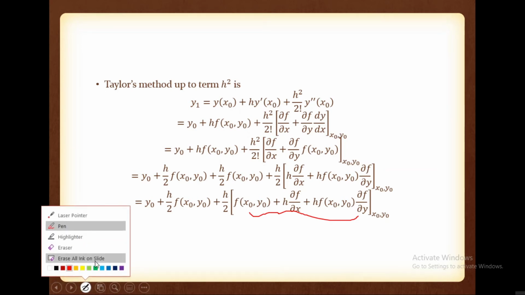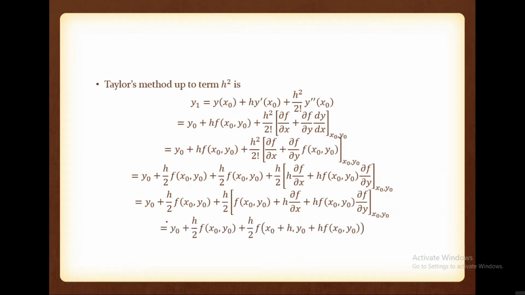So we can write it as y0 plus h by 2 into f of x0 comma y0 plus h by 2 into f of x0 plus h comma y0 plus h into f of x0 comma y0, means this one is the Taylor series expansion of f of x0 plus h comma y0 plus h into f of x0 comma y0 up to first order differential.